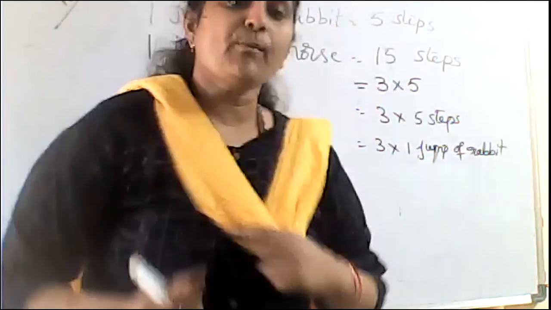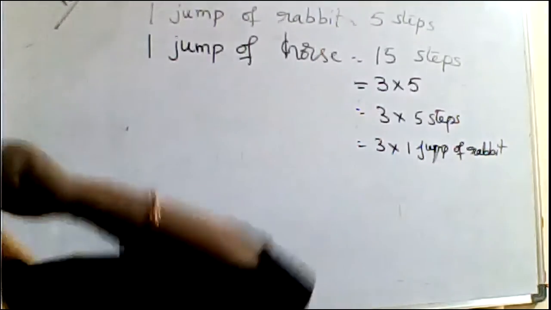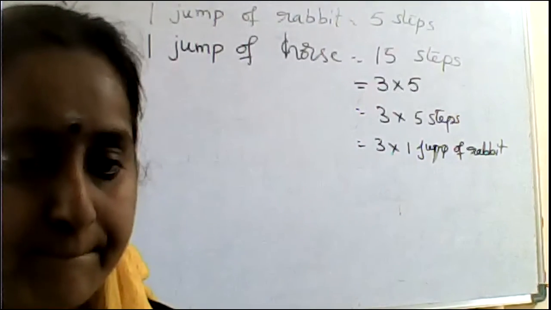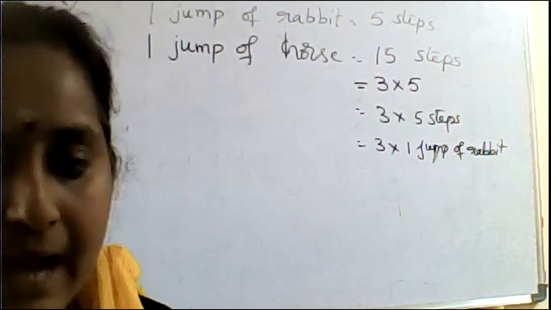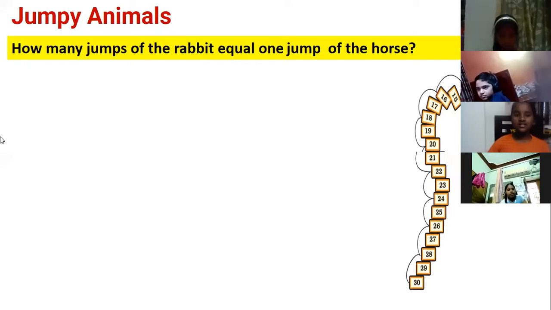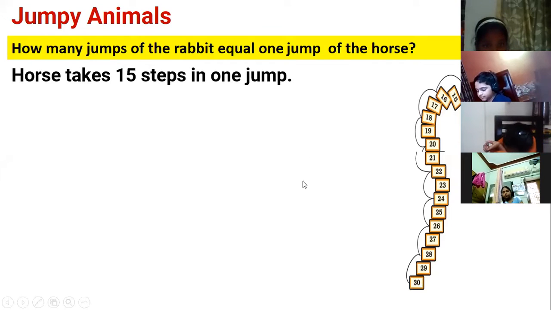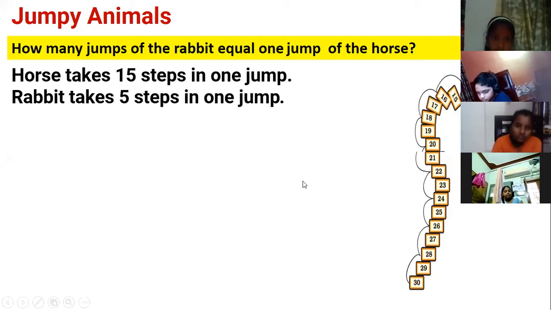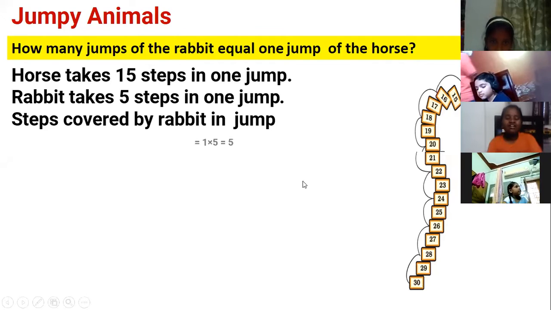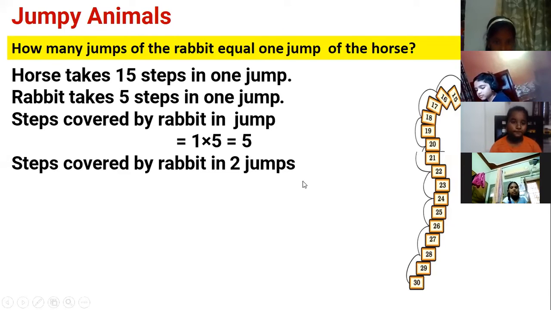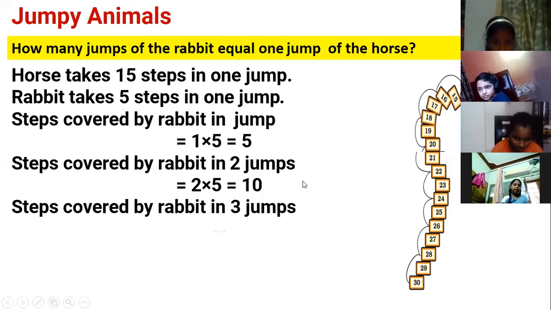That means how many times will the horse take? 3 times of a rabbit jump. How many jumps of a rabbit equal one jump of horse? 3 times of rabbit is equal to one jump of horse.